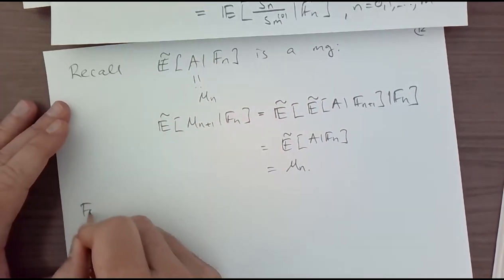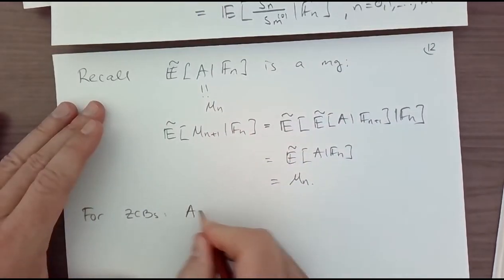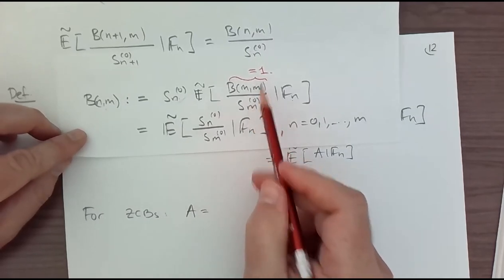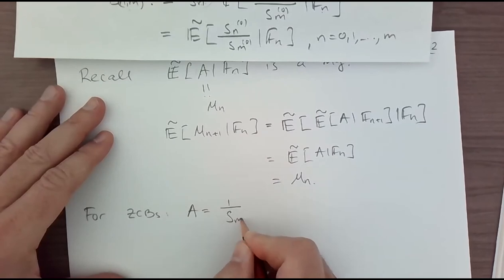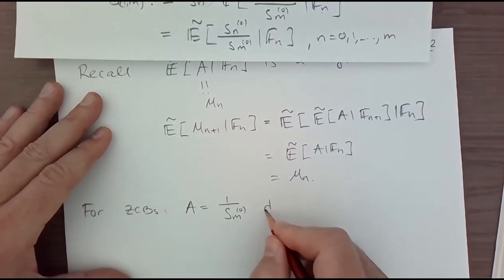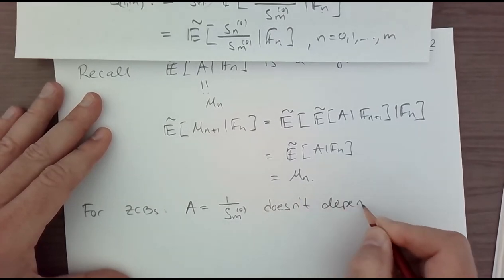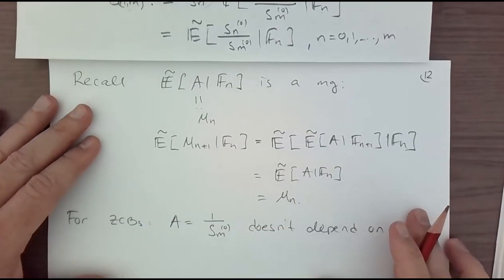So for zero coupon bonds, the random variable A is 1 divided by the bank account, 1 over S_M0, and that does not depend on n, right? So we're in good shape.